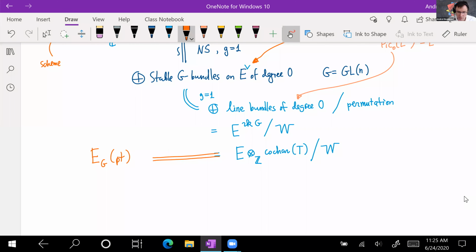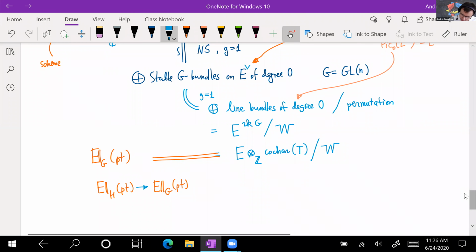So the elliptic cohomology of H of a point naturally maps to that of G of a point, corresponding to the inclusion of a group. This means the stratification we're going to get is by those subgroups which have some new interesting fixed points.